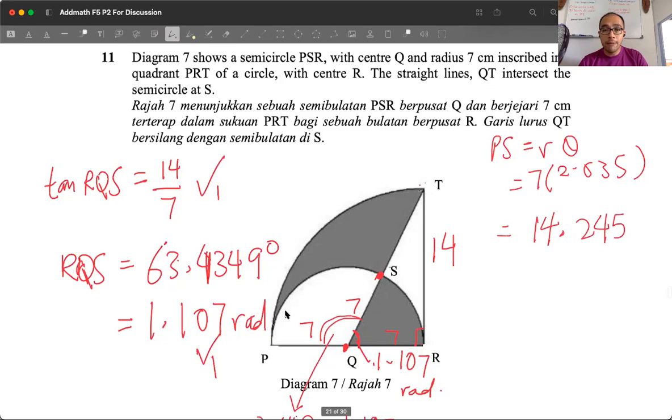So the entire perimeter of PQS, QS, equals 14.245 plus 7 plus 7.